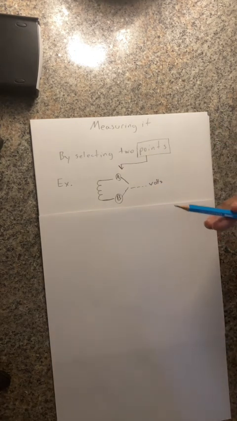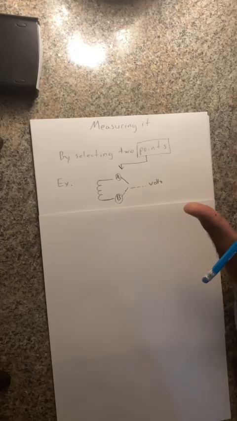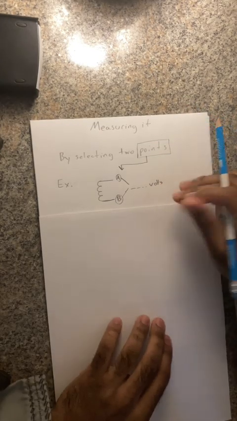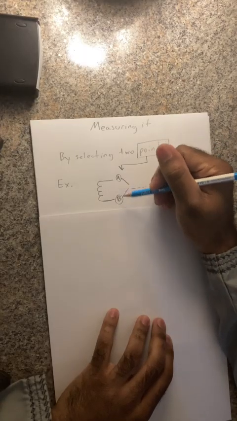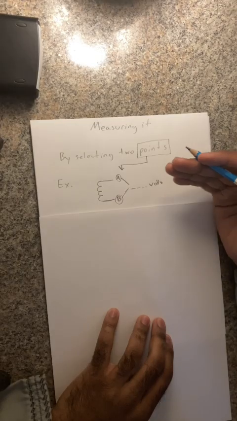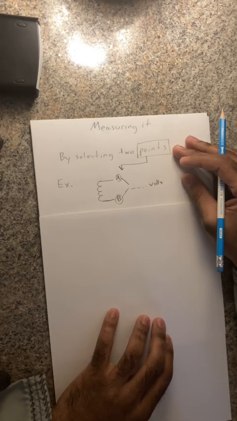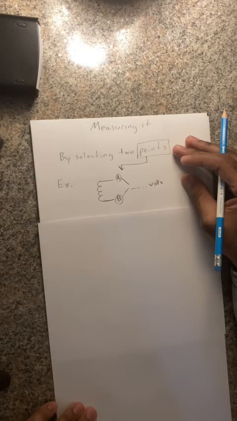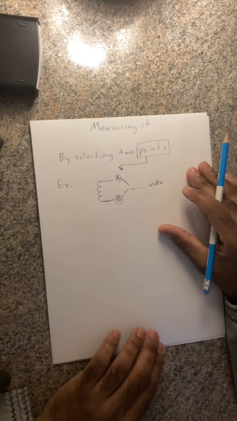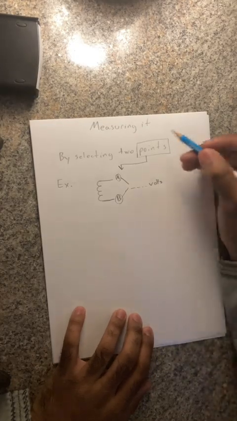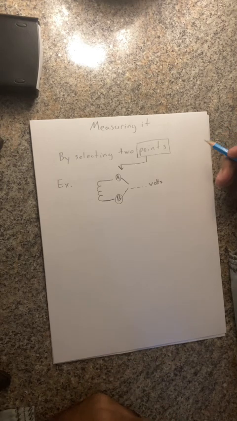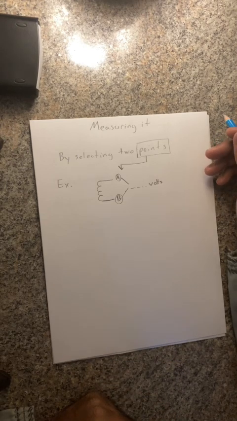So we can say that voltage is a difference of potential between 2 points in a circuit. The instrument used to measure volts is a voltmeter or a multimeter, for example.